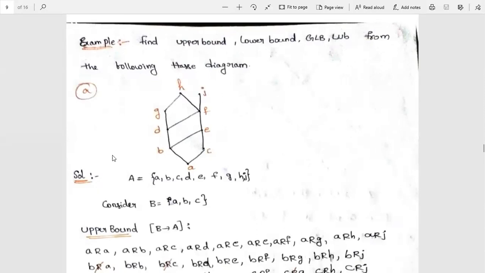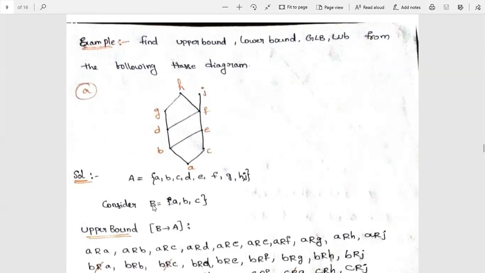So first, in this Hasse diagram, the set A contains all the elements of the Hasse diagram: A, B, C, D, E, F, G, H, J. As we discussed, for finding the upper bound and the lower bound, I have to take a set B which contains some elements of A. That is, B is equal to A, B, C. This is a subset of A. We have to take a subset of the given set A. Sometimes in examinations the subset is given.